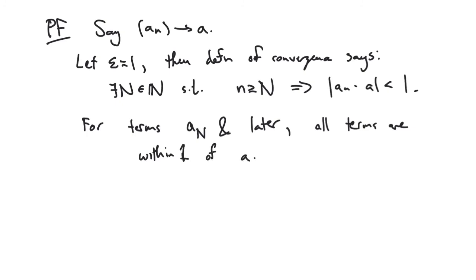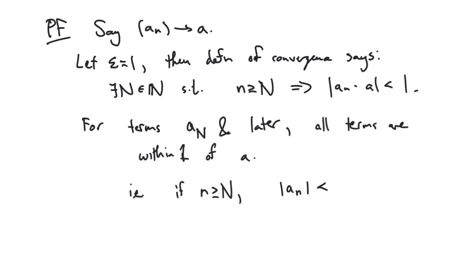All the terms beyond this point, A sub big N, are close to A, right? Within 1 of it. Another way we could say that is, if n is greater than or equal to the big N, then check this out.